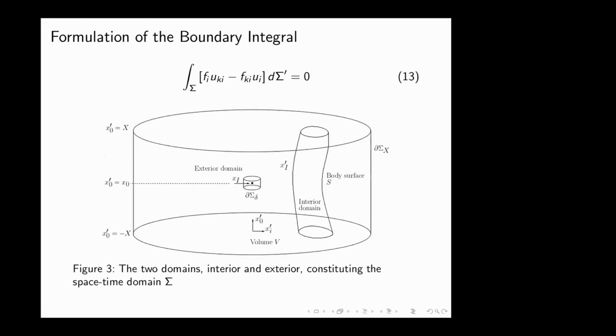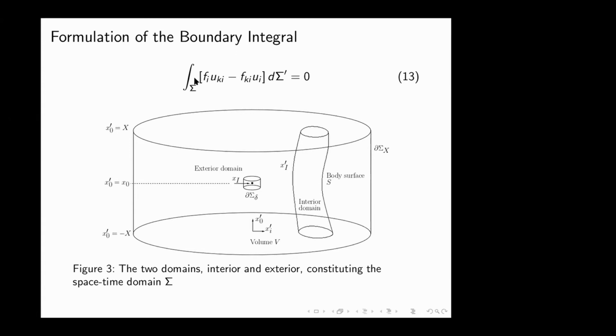Okay, so now that we've been armed with these, we can now actually look at the boundary integral representation itself and giving it for the velocity. So equation 13 here, that equation is the starting point in Oseen. So when Oseen looks at the boundary integral method, this is his starting point.